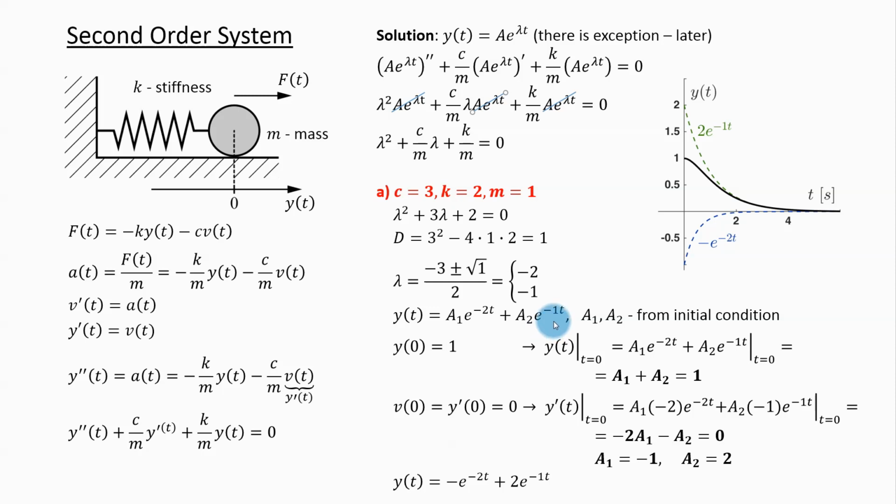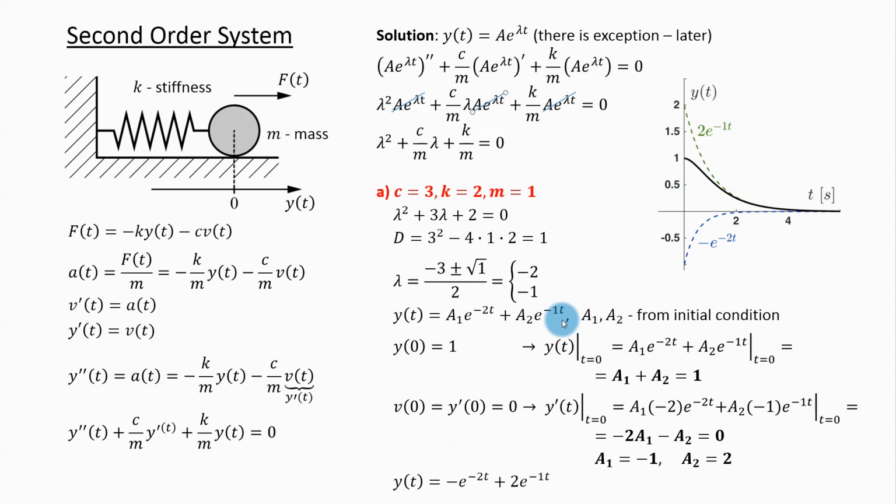At this point, I'm looking for the general solution of my differential equation, that is the solution which will describe all possible behaviors of my system. So I'm looking for the most general case, which is the combination of both these exponentials. So this combination will be my general solution that describes all behavior of my system.